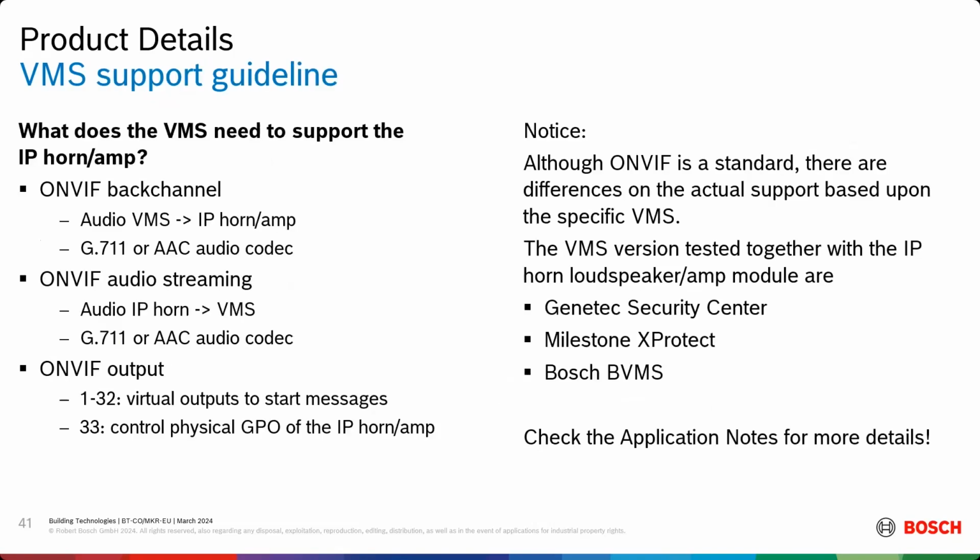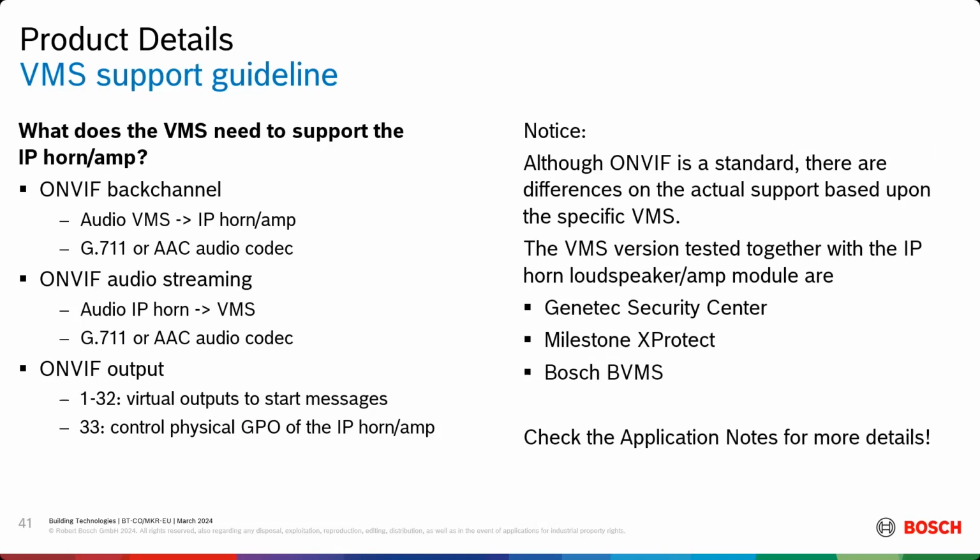So what does the VMS need to support the IP amp? You need ONVIF backchannel for the audio from the VMS to the IP horn. The audio codecs G.711 and AAC can be used for that.